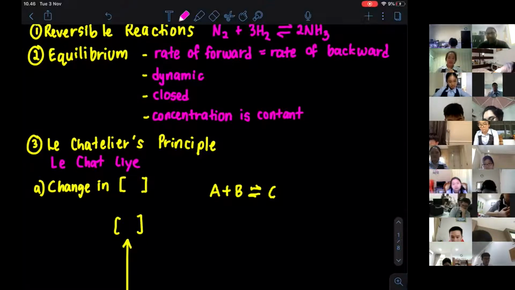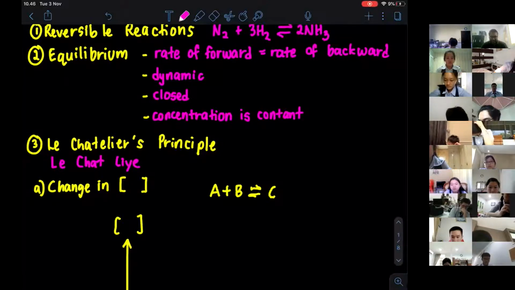How to eliminate the change? They will play around with the position of the equilibrium. The position can either move towards the forward, or we say right hand direction, or it can move backwards. We say left side of the reaction. It means it will move to the left. So this one you need to learn how to apply.